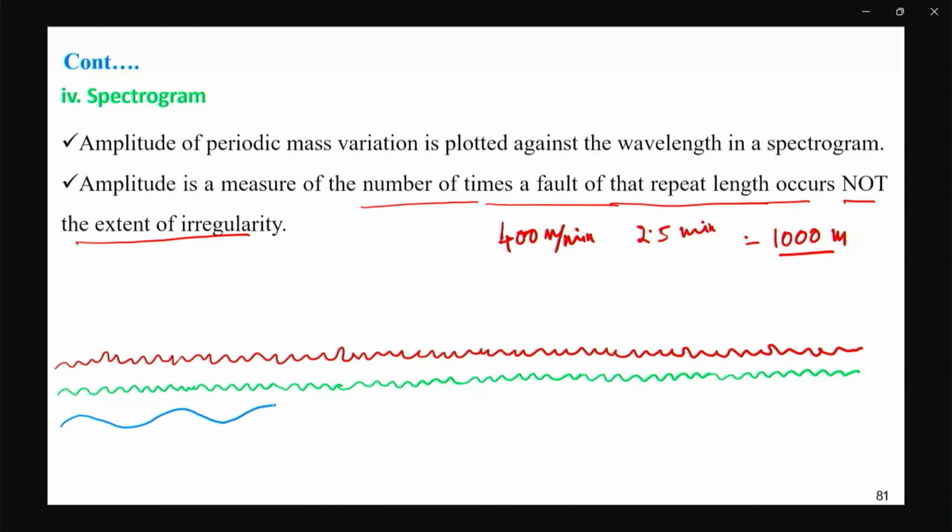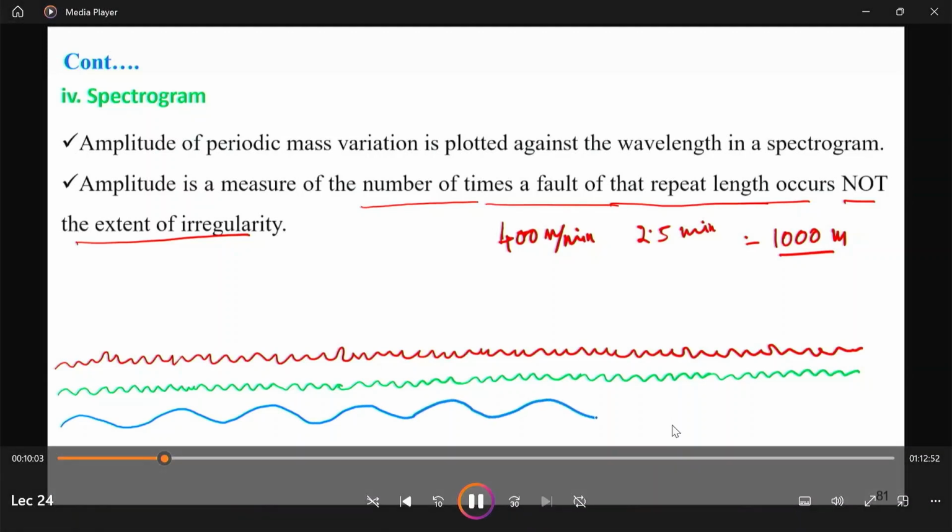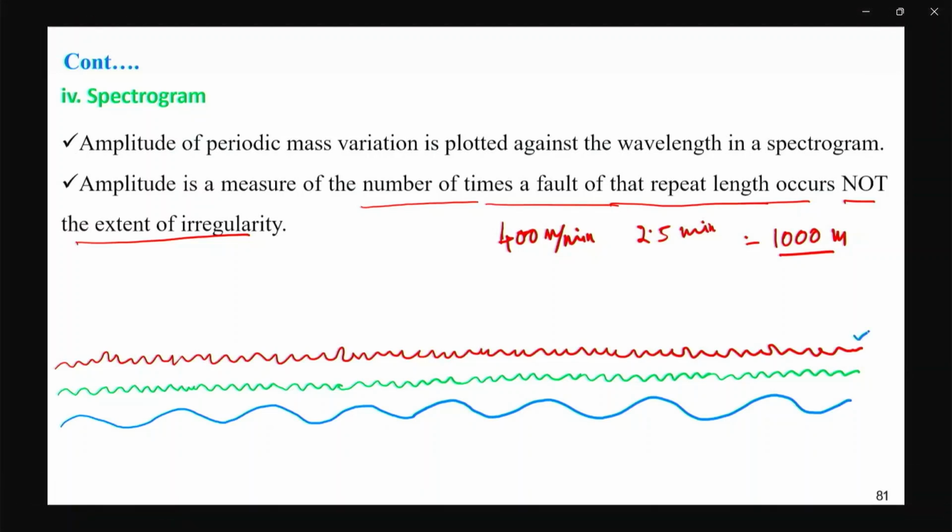The third yarn variation, which is again periodic, shown by the blue line, has a wavelength much longer than the second one, which is in green color.